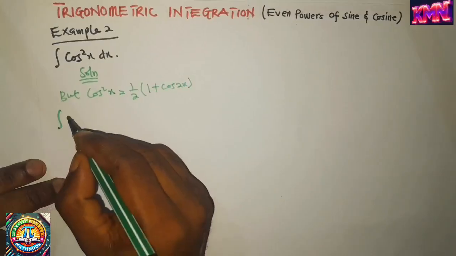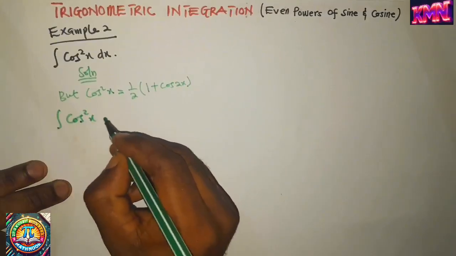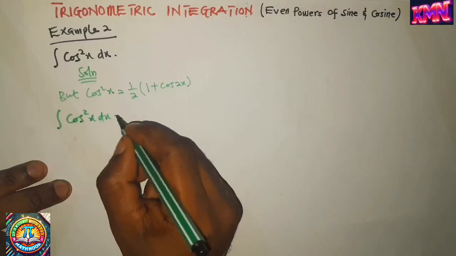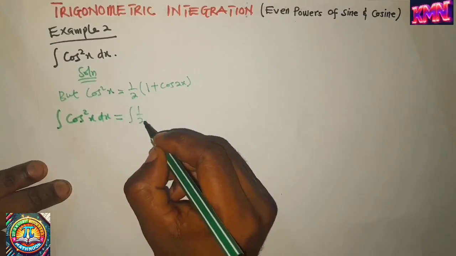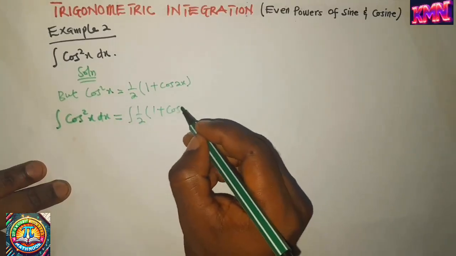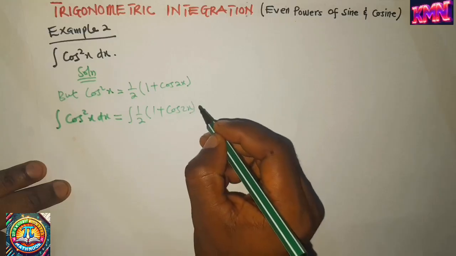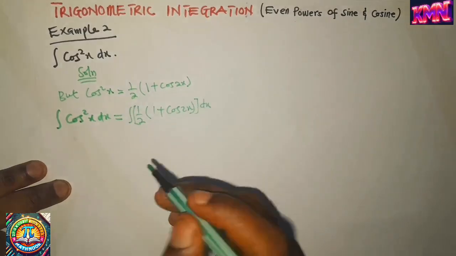Now, the integral of cosine squared x dx becomes the integral of half bracket 1 plus cosine 2x dx.